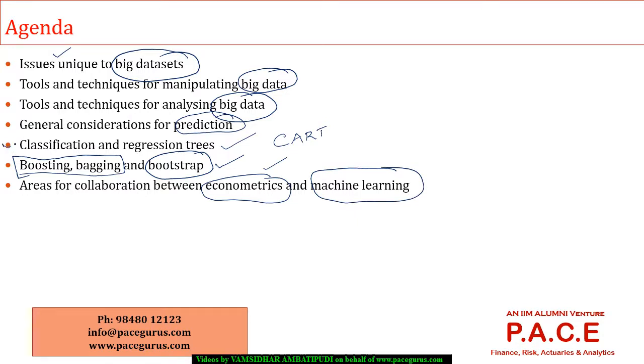All these, classification and regression trees, boosting, bagging, come under the machine learning algorithms. So how do I really link these two fields is one more area that I am going to talk about. So let's get started.